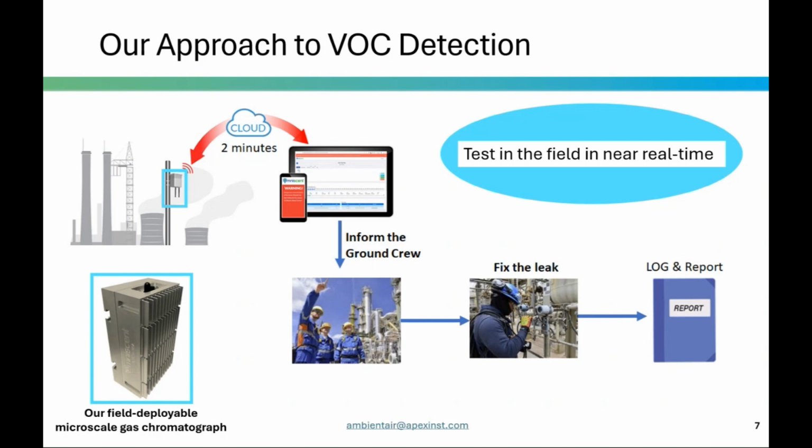It connects to a cloud software platform where data can be viewed in near real time, which allows crews to make quick decisions about how to respond to VOC emission events, whether they want to go out and find the leak and repair it, or just log the event, or acknowledge perhaps with the use of the metrology station that the VOC emission event didn't come from their facility at all.